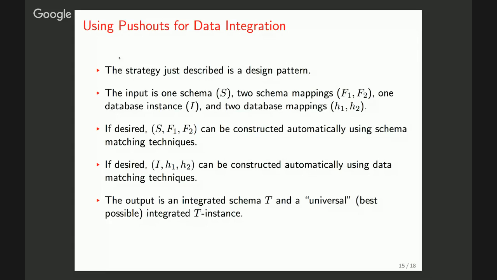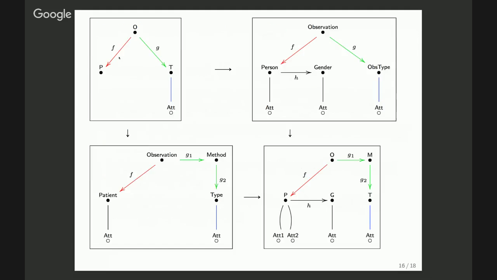That's the space in which we're working, and if necessary, those can all be computed automatically. And the output of this design pattern is an integrated schema, which we'll call T, and an instance on that schema that is universal among integrated instances.